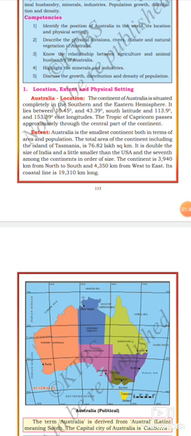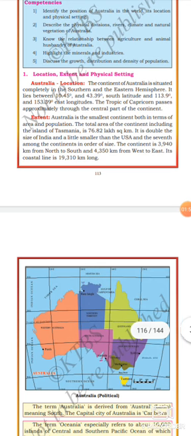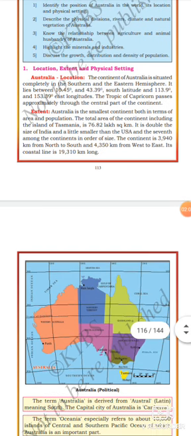Listen, dear students, Australia is the smallest continent, both in terms of area and population. Got it? The total area of the continent, including the island of Tasmania, is 76.82 lakh square kilometers.